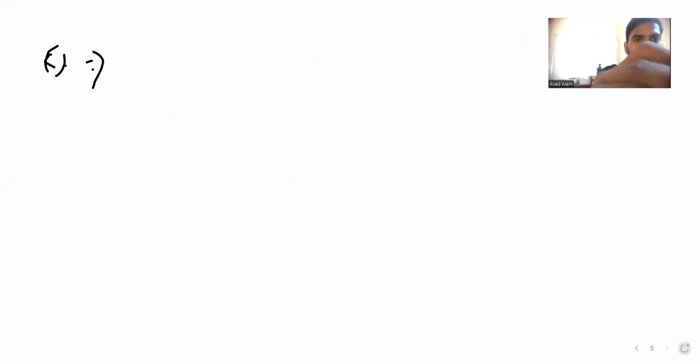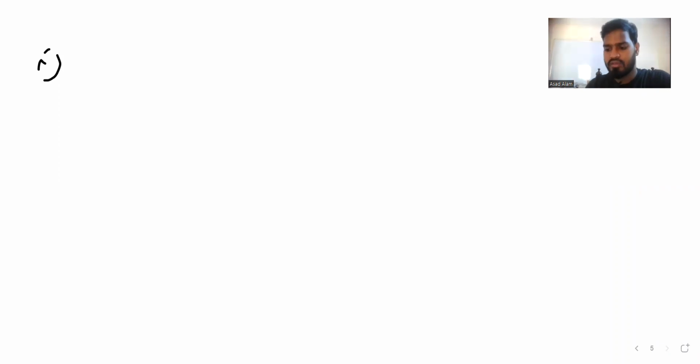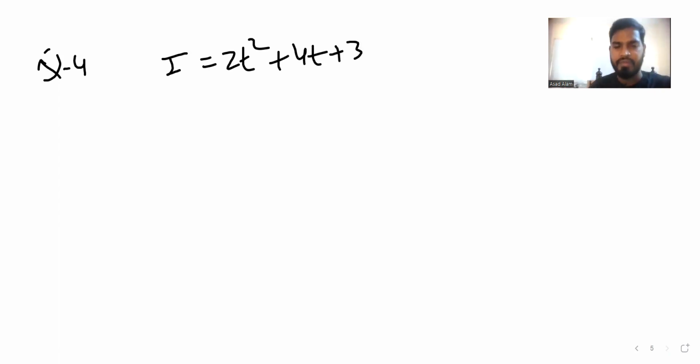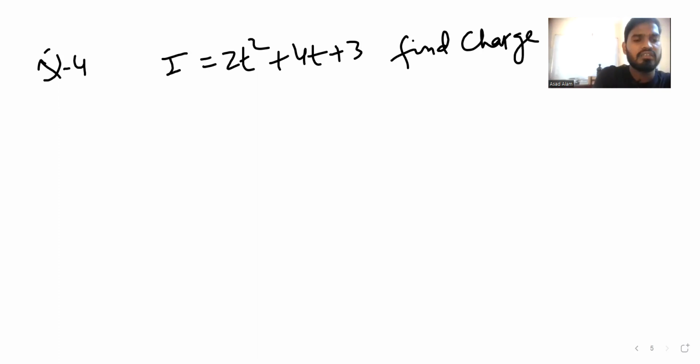Question number 4: I is given as 2t square plus 4t plus 3. Find charge, not current. Now current is already given. Find charge from 0 to 2 seconds.